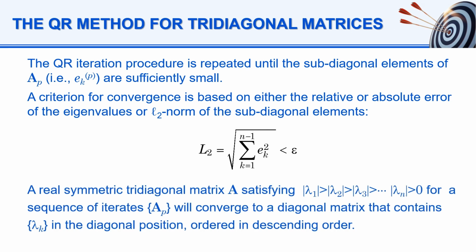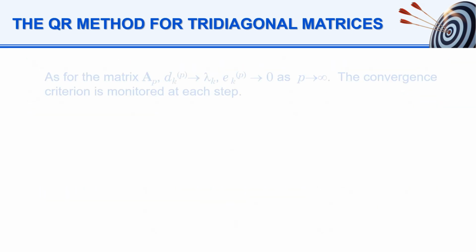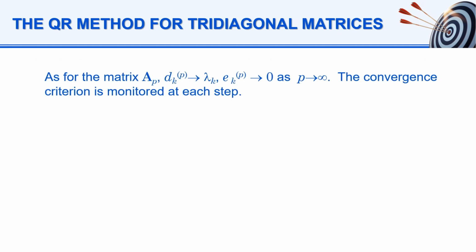For a real symmetric tridiagonal matrix A whose eigenvalues are ordered in descending order, the sequence of iterates AP will converge to a diagonal matrix that contains the sequence of lambda k in the diagonal positions, ordered in descending order. As for the matrix AP, diagonal elements approach the eigenvalues, while the off-diagonal elements approach 0, as the number of iterations goes to infinity. The convergence criterion is monitored at each step.